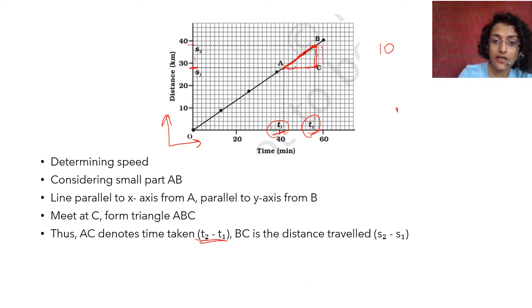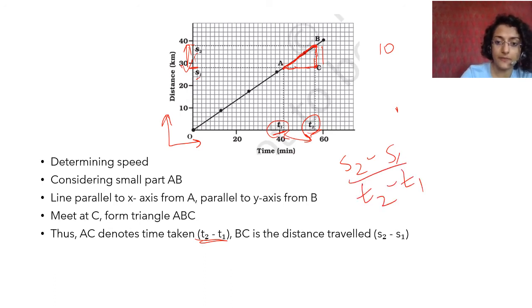So B and C, this is the distance traveled here. This much distance is traveled in this much amount of time. So this is S2 and S1. Distance traveled is S2 minus S1, and time taken is T2 minus T1.